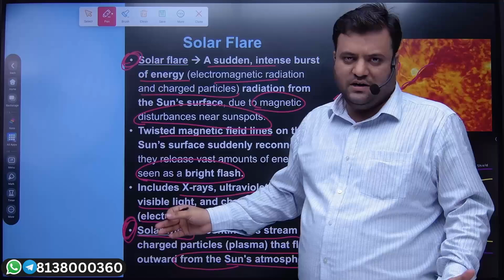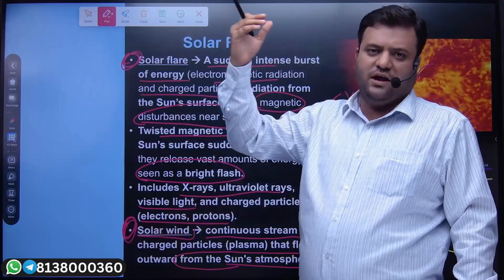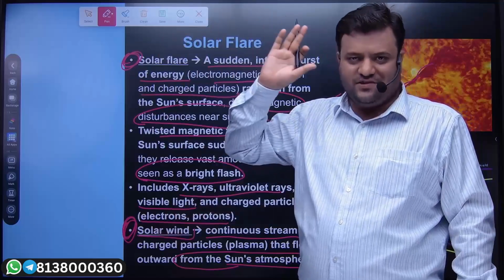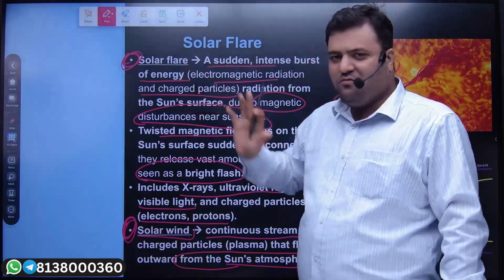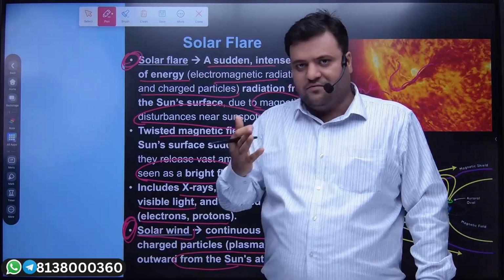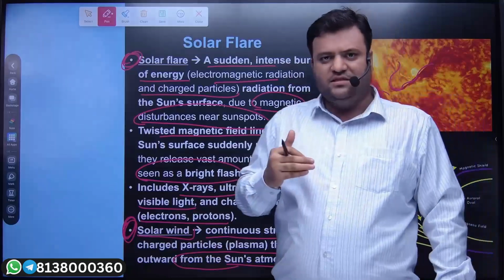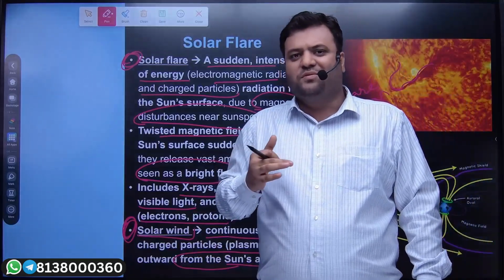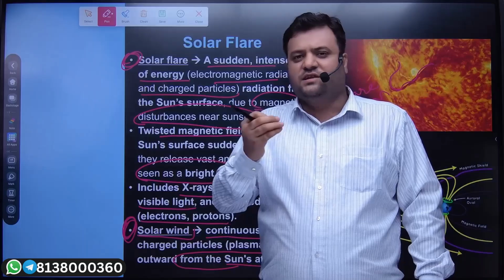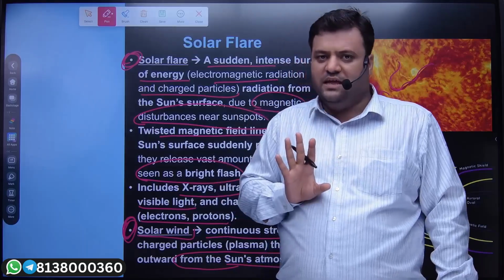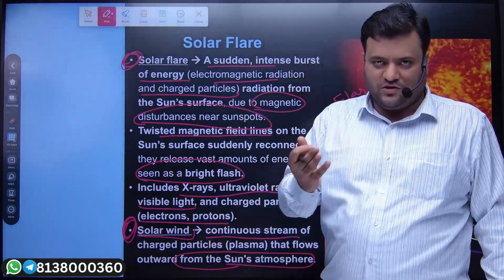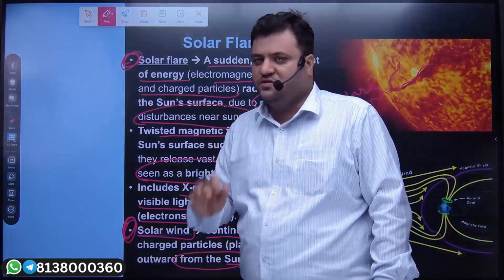Solar wind is permanent. It is there throughout 24 hours, 7 days, 365 days. But solar flare is rare with respect to solar winds. Rare in the sense that it could occur twice, thrice, 5 times in a given year. But the solar wind will be continuous throughout the year.